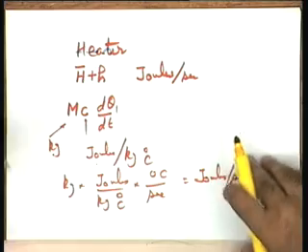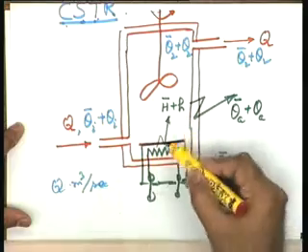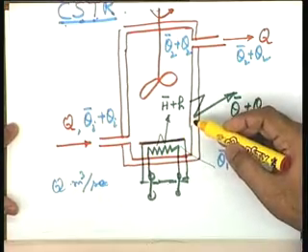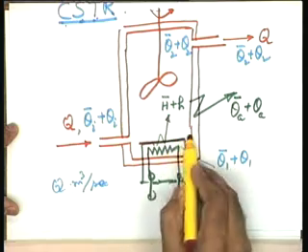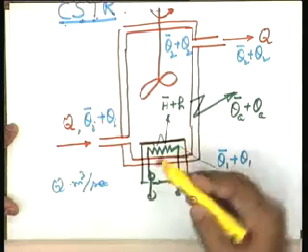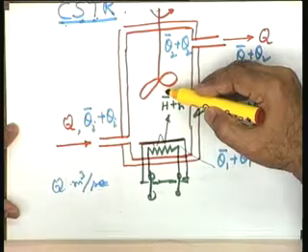Now, how about the other component, that is the rate at which the heat is being given to the liquid. And as you will see in this particular case, the heat is going to the liquid through a convective process. This is a solid liquid interface over here, and through the convective process the heat is being given to this particular liquid.